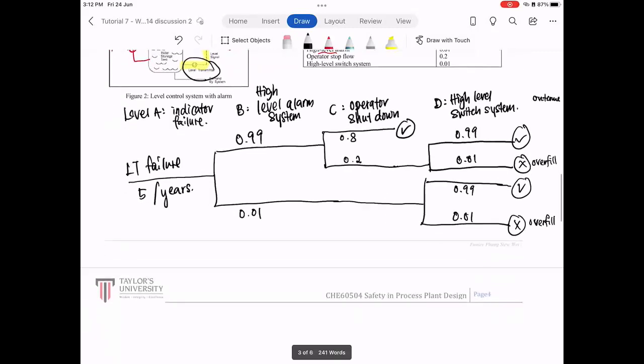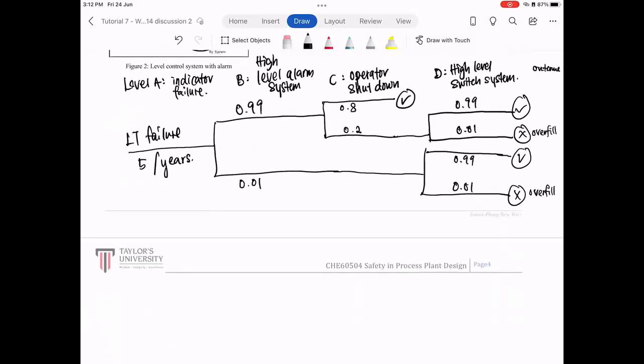So let's use this color, it's overfilling here, so we follow this path. There are two paths here that overfill. This is path A, and this is path B.